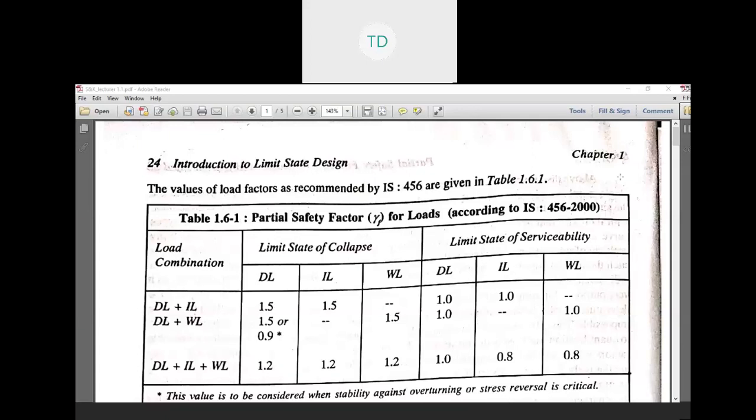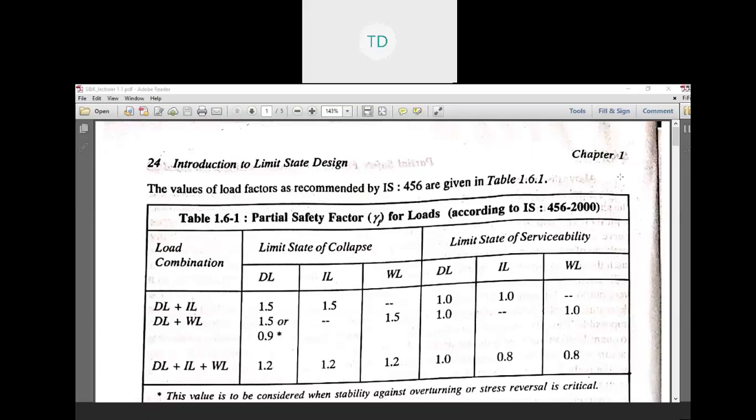In the previous chapter we studied different types of methods: working stress method, limit state method, and other methods of analysis. In this chapter we are studying load combinations.